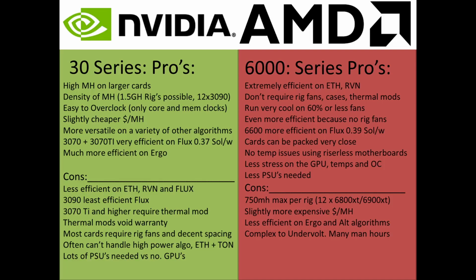Next, you need lots of PSUs versus the number of GPUs. Just something that I was seeing earlier. Someone had a 3090 rig with 1300 watt PSUs, and just three 3090s.